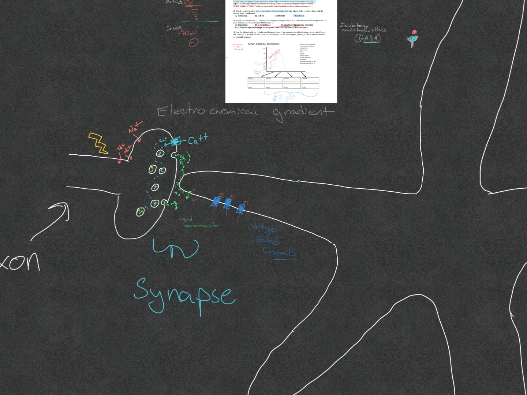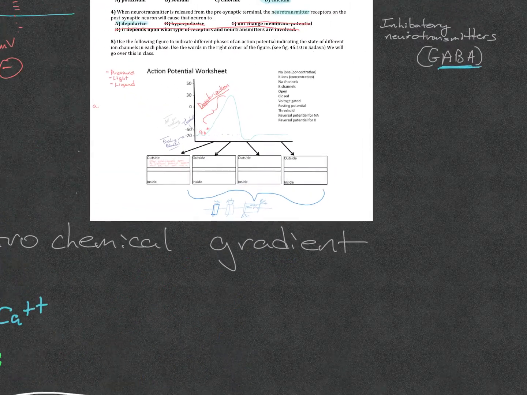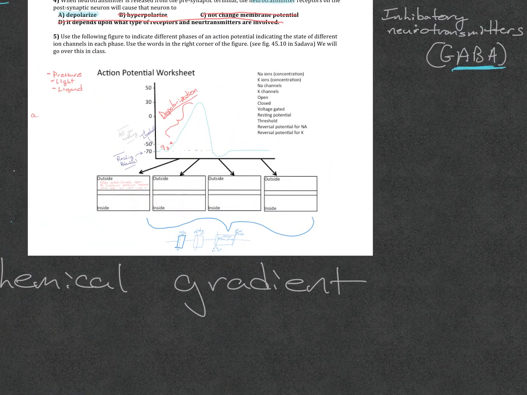If it depolarizes enough, then these massive amounts of voltage gated channels allow sodium to flow through really quickly, depolarizing the membrane quickly, getting what we call electricity, right? Changing electrical potentials. Once it gets up to about positive 30, these voltage gated channels stop, they close.